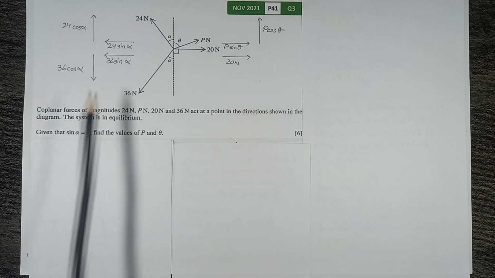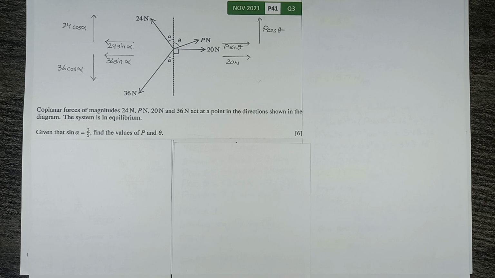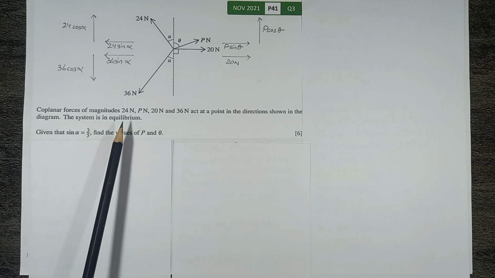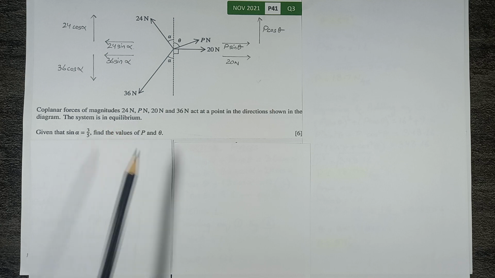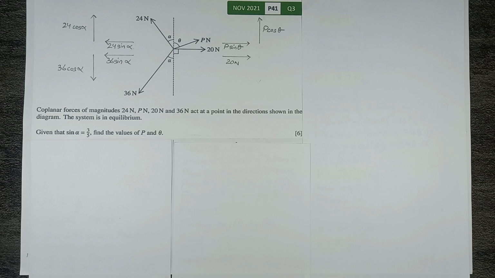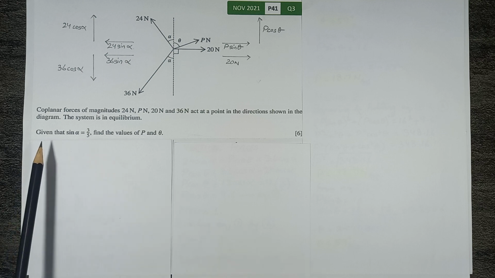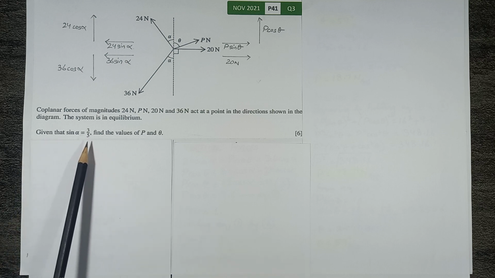Now as we can see, we have all the components, the horizontal component and the vertical component, and the condition is that the system is in equilibrium. That means the opposite forces are equal, so we will split it up into horizontal and vertical. But before that, it is given over here that sine alpha is 3 upon 5.